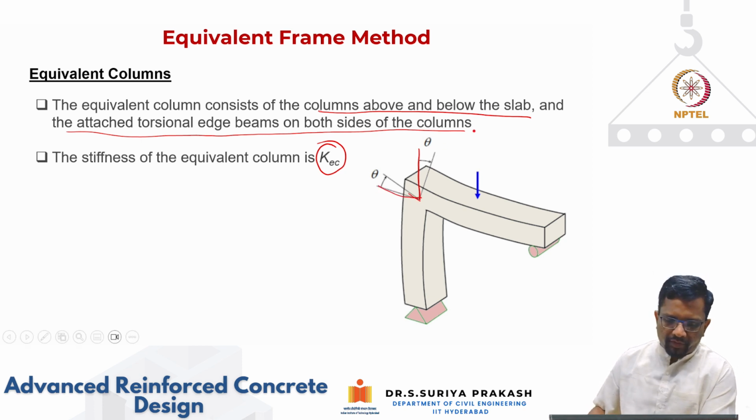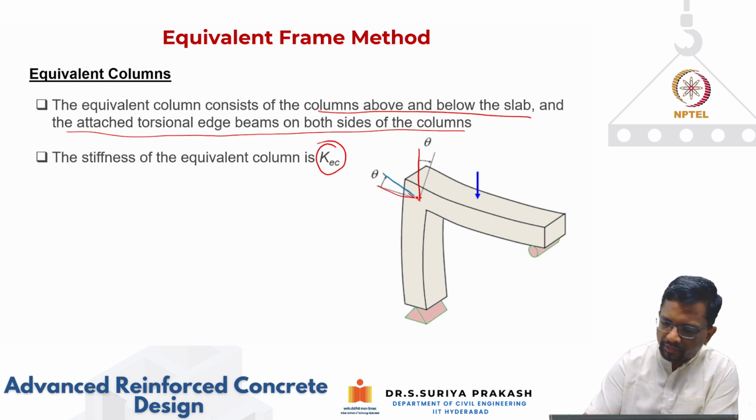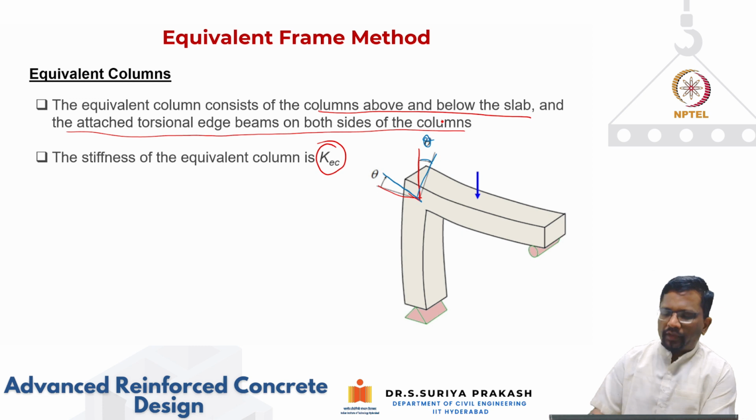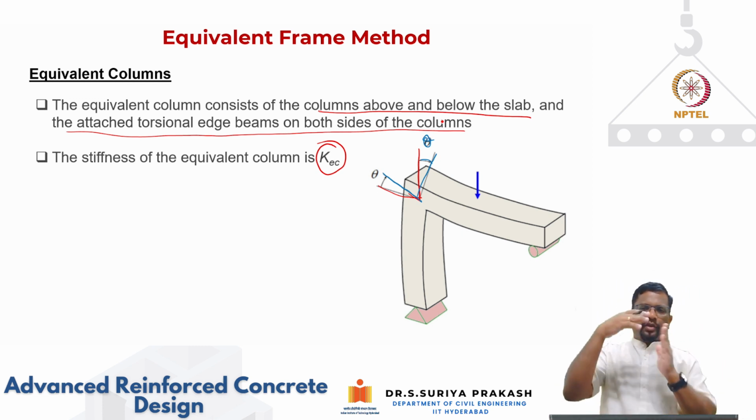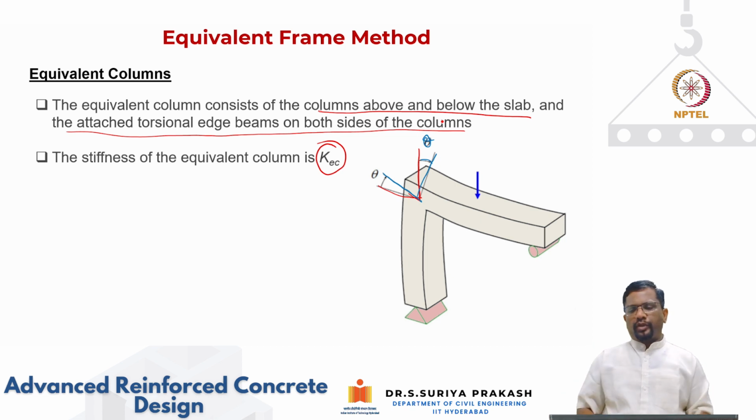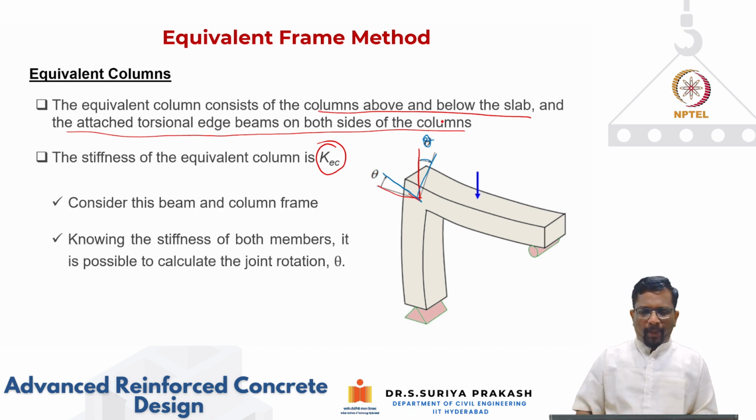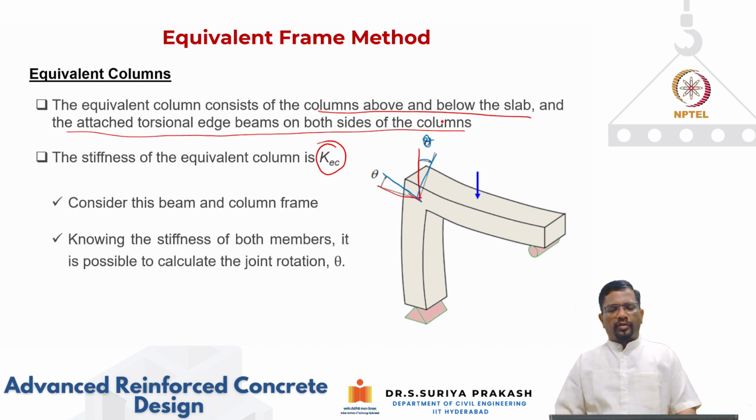And then when you apply the loading, the joint is going to rotate like this. Okay, so this is your theta, right? So this is the joint rotation in a rigid joint. Both the elements that are connected in the joint rotate by the same magnitude, right? Now consider this beam and column frame.